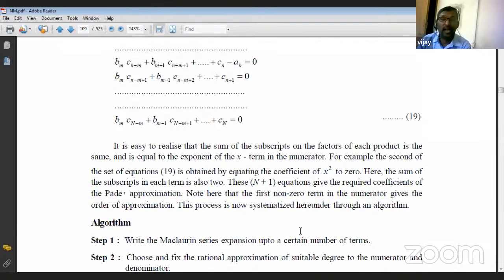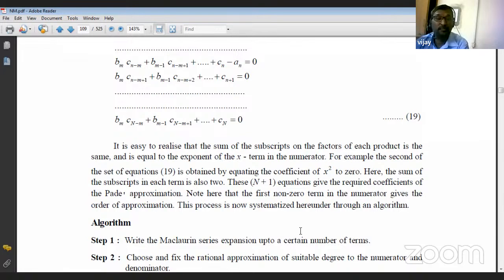It is easy to realize that the sum of the subscripts on the factors of each product is the same and equal to the exponent of the x term. For the numerator, for example, the set of equations is obtained by equating the coefficient of x squared to 0.